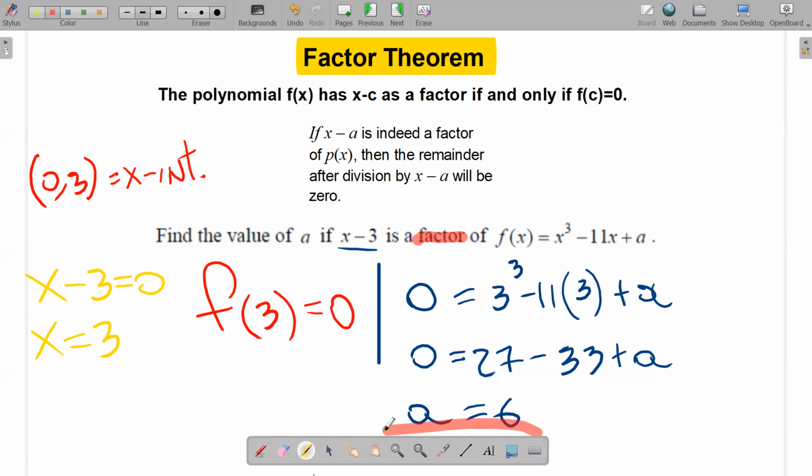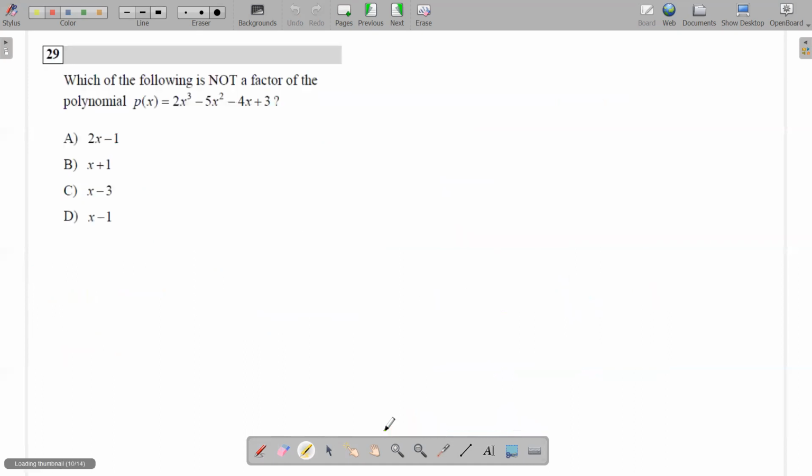You see? That's an application of the factor theorem. But let's see another problem. Which of the following is not a factor of the polynomial p of x equal to x to the power 3 minus 5x to the power 2 minus 4x plus 3? In here, we are looking for the case that is not a factor.